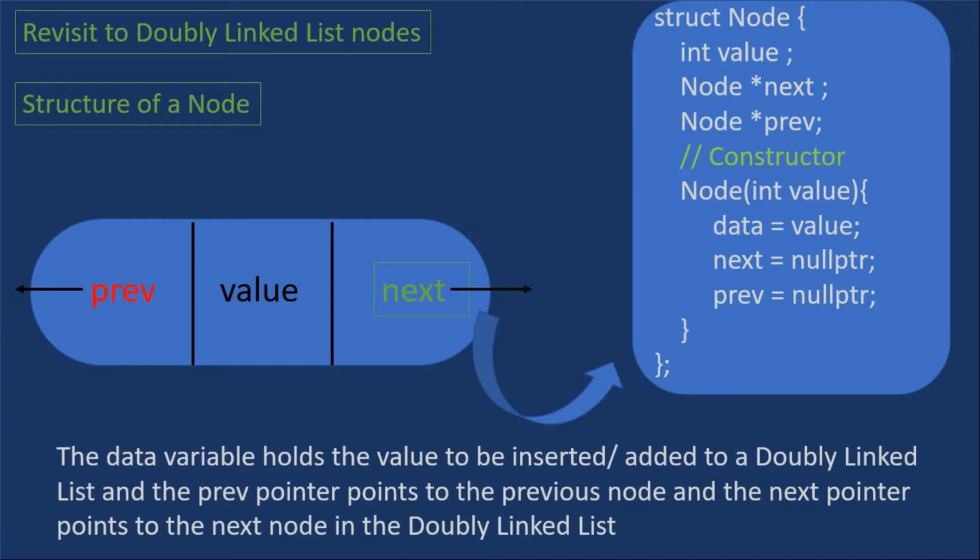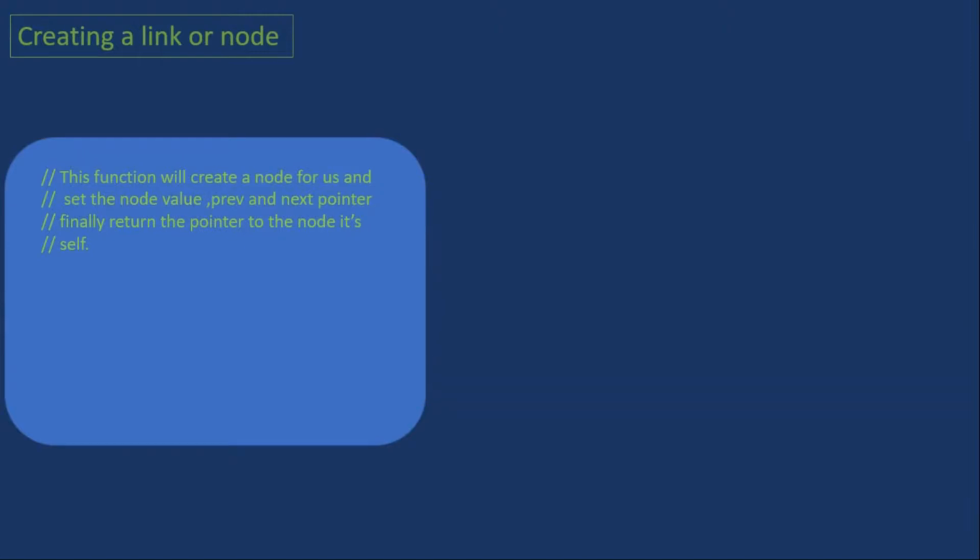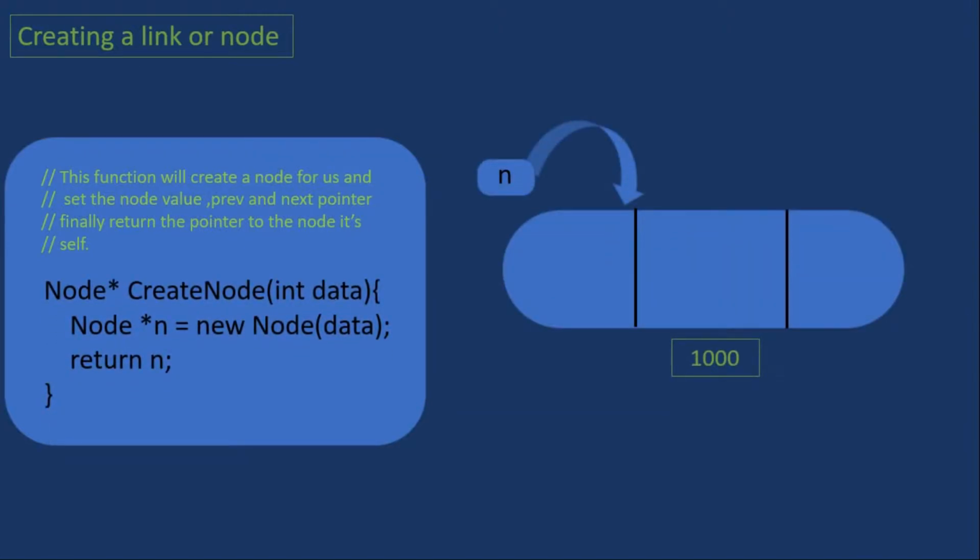To make this simple for us, we'll create a function that will create nodes for us and return the pointer to that node itself, or where it is stored in memory. So the function has a node pointer return type, that's the node star. And createNode is the name of the function. It takes in integer data, which will be the data we want to store.